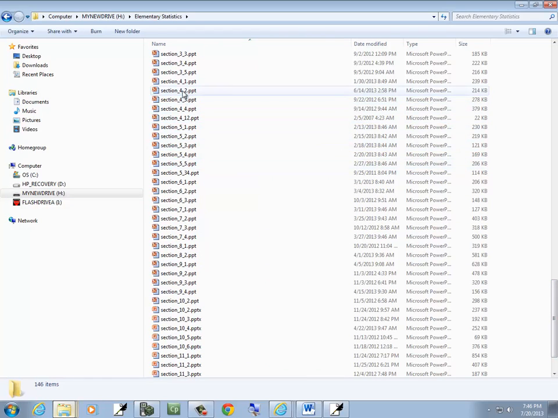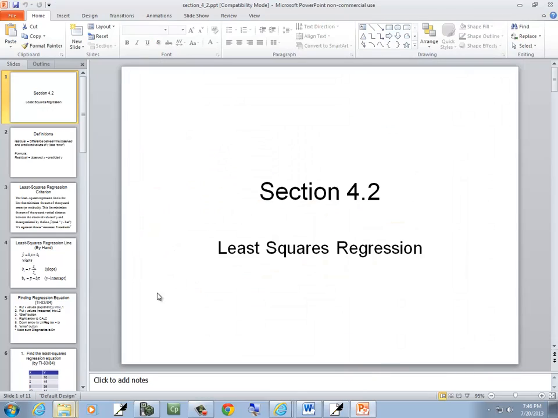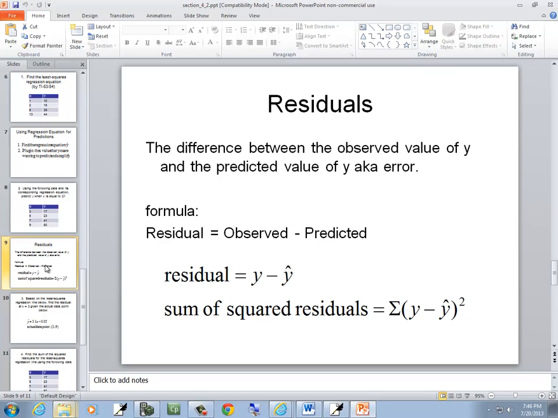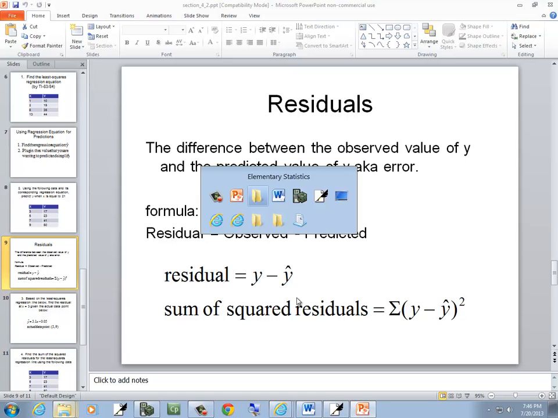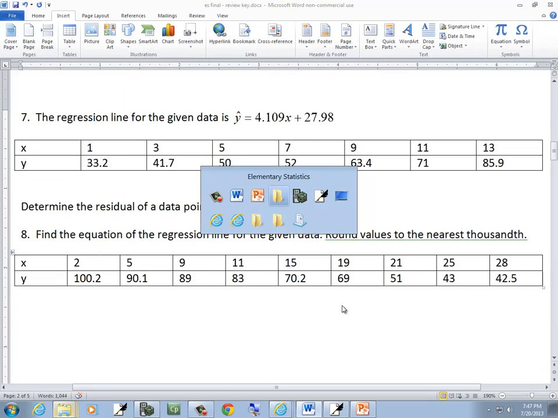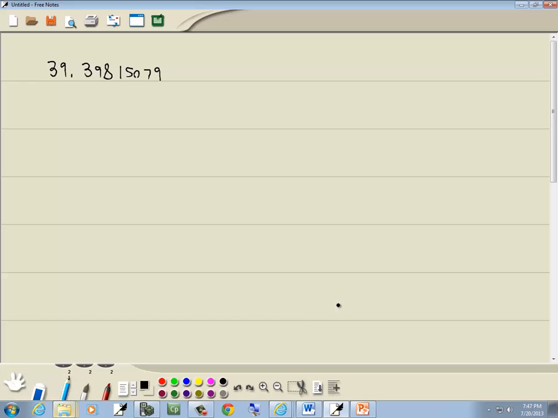It's a little piece of the sum of the squared residuals. See, the residual right here is y minus y hat. Okay, well let's see how to find that then. Come over here. There we go. And number 7.